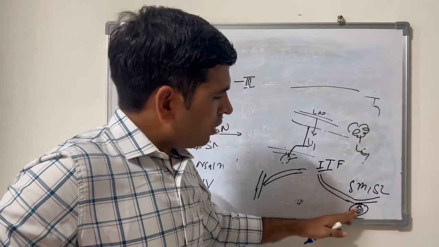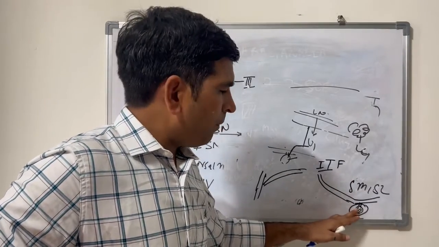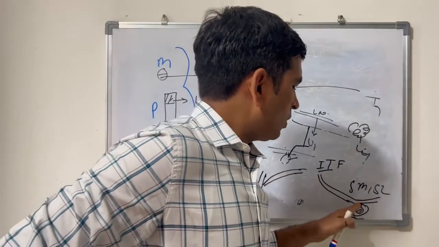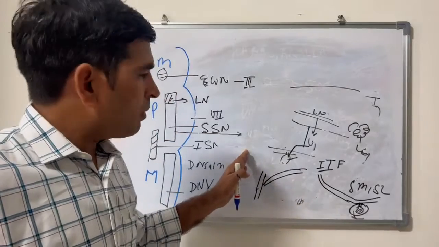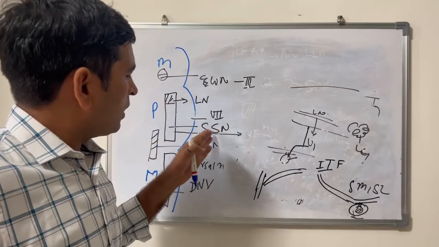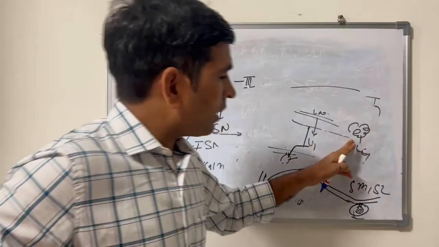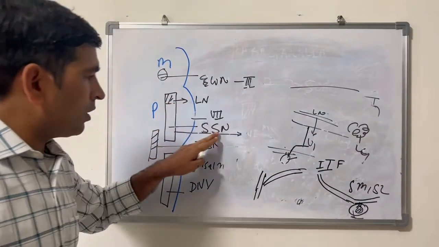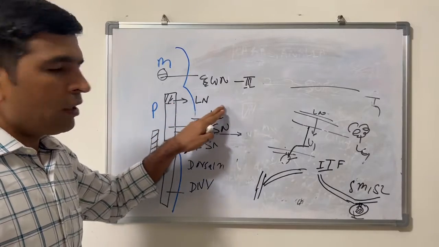So this is the submandibular ganglia which secretes saliva through this chorda tympani branch, ultimately coming from the superior salivatory nucleus. This lacrimal part is coming from the upper part of the superior salivatory nucleus, that is the lacrimatory nucleus.